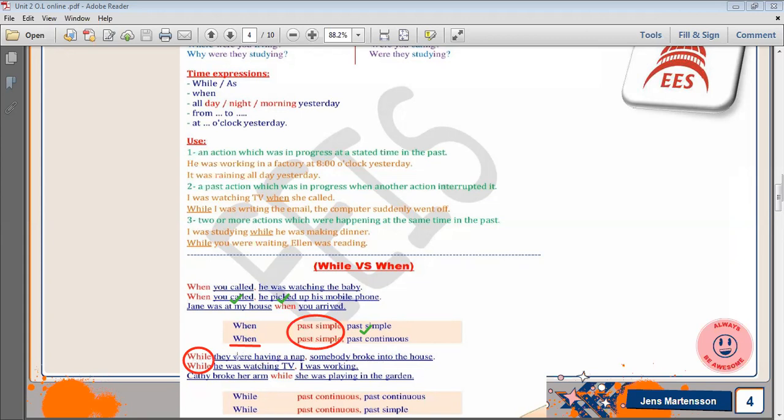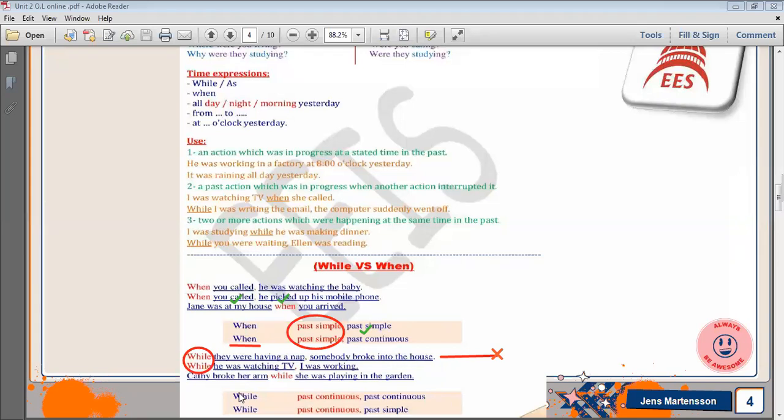Look, they were sleeping. This is a continuous action, an action that was in progress in the past. Somebody broke into the house. It's a short action. And we said we can draw it in this way, a continuous action that was interrupted by another.